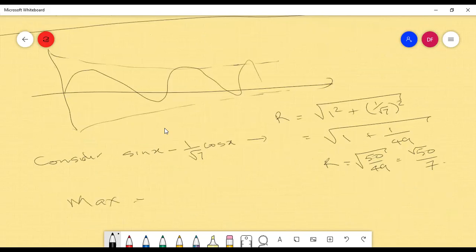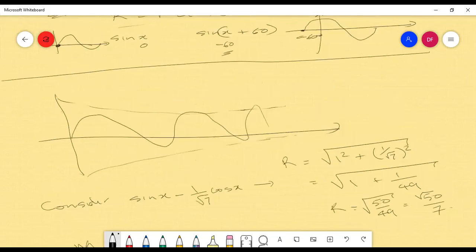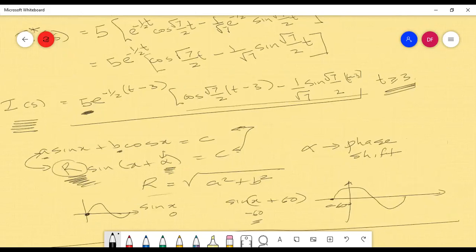Let me see if you're not sleeping on me. So if the maximum for the exponential part is 5, and the maximum of this part is root 50 over 7, what's the maximum current in this system? The maximum amplitude being 5, yes, sir, 5.